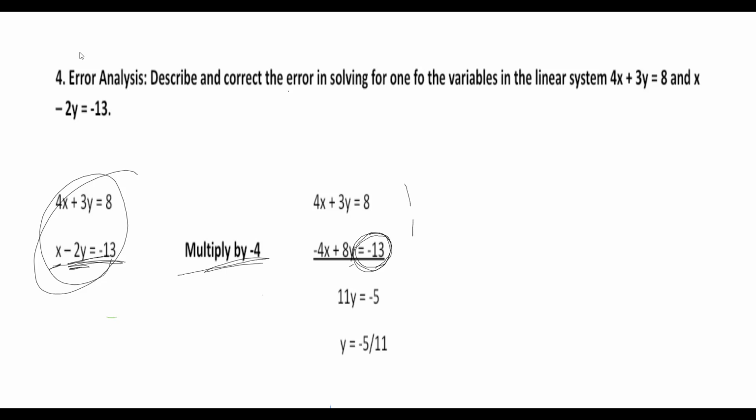So I'm just going to draw a little dotted line. So negative 4x plus 8y equals, and remember, it's negative 13 times negative 4. Negative times a negative is positive, and that's 52.